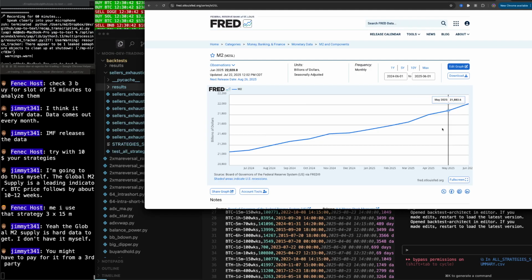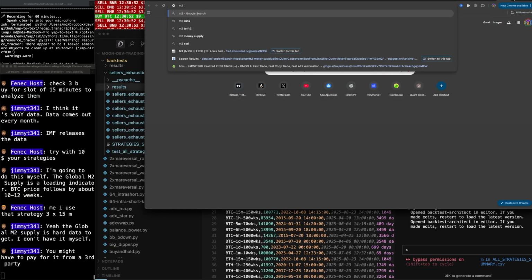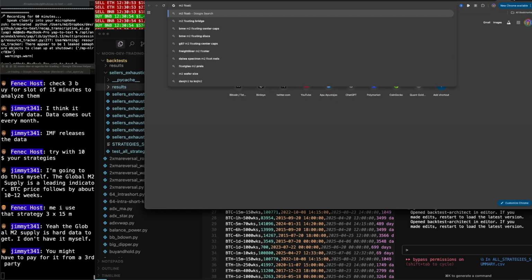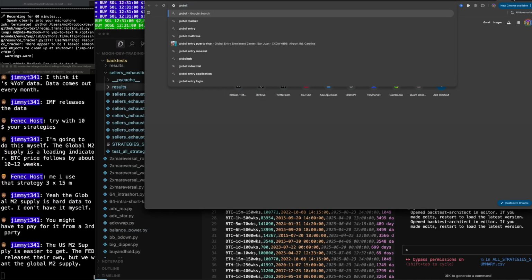Just always going up? Maybe that's why you need the other parts of the world. Global M2 data, money data.